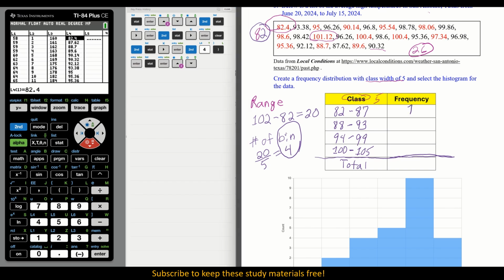That's just one. Okay, and then we need 88. How many numbers in our list are between 88 and 93? Well, if we go count, we have 1, 2, 3, 4, 5, 6 between 93. 1, 2, 3, 4, 5, 6.